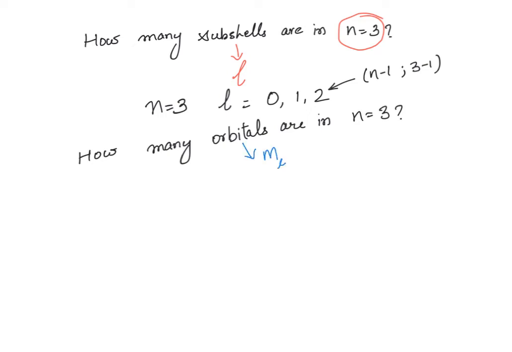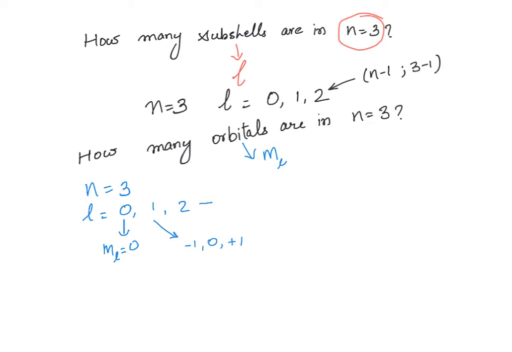m sub L value. Now think about it. Every n is associated with many m sub L values, right? So how do we figure that out? So if n is 3, L can be 0, 1 and 2. Now each of these will have its own m sub L. m sub L here is 0. m sub L here is -1, 0, +1.